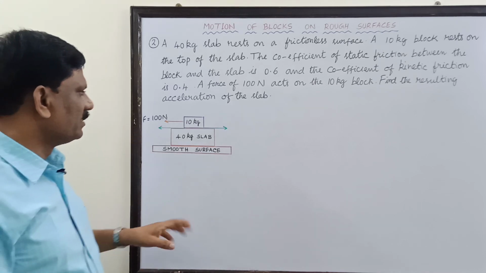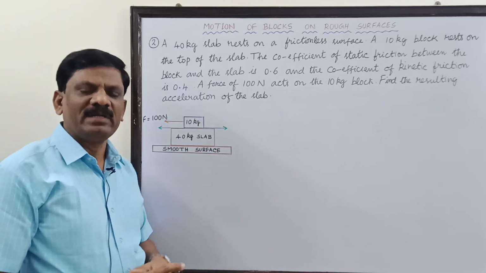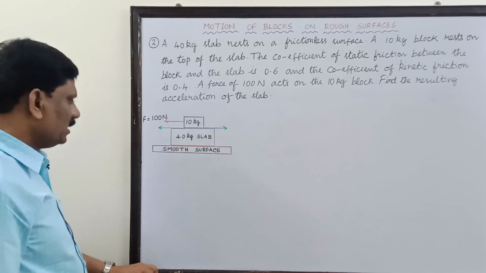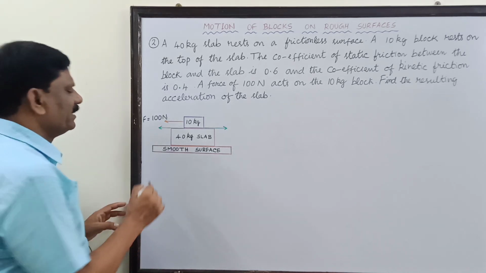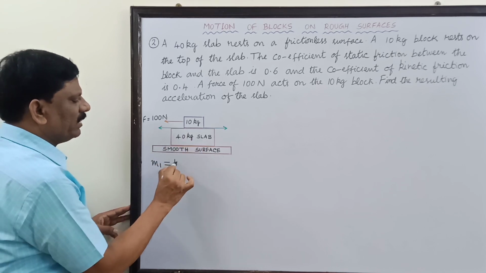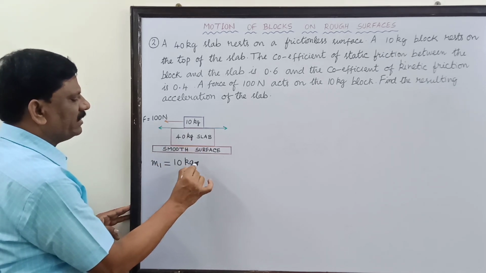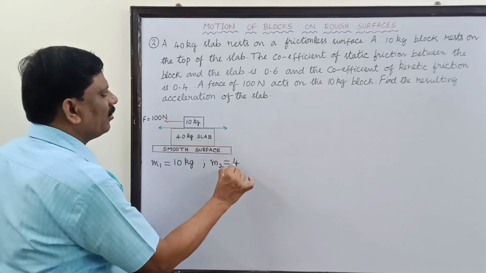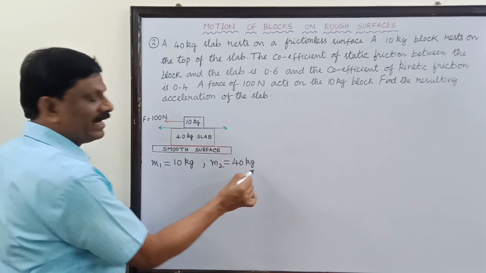It's a very interesting numerical problem repeatedly asked in competitive exams many times before. First of all, let us take the mass of the block as M1. So M1 is equal to 10 kg and M2 is equal to 40 kg. This is the slab.